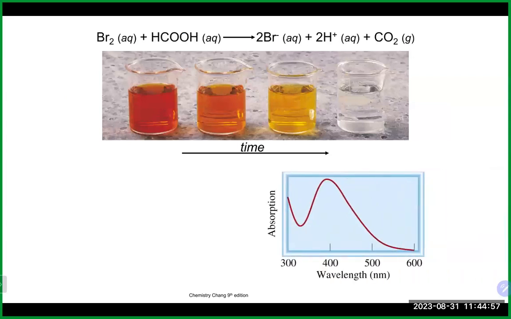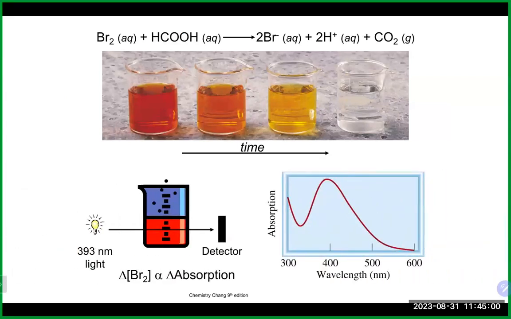So one way that we can very commonly follow the kinetics of an experiment is to use spectrophotometry. The basic way that spectrophotometry works is by light and color. If you have any solution that has a color to it, you can follow the change in color and figure out what is happening in terms of the kinetics.